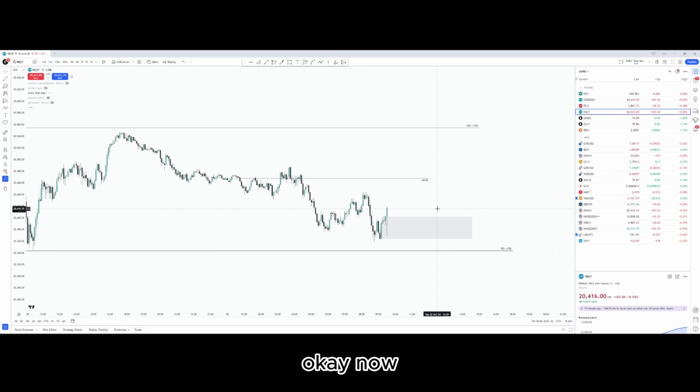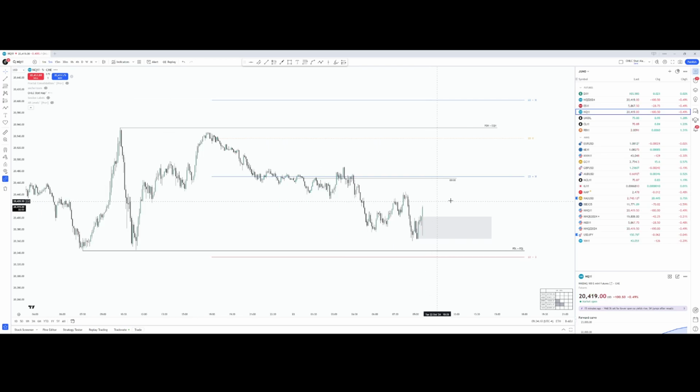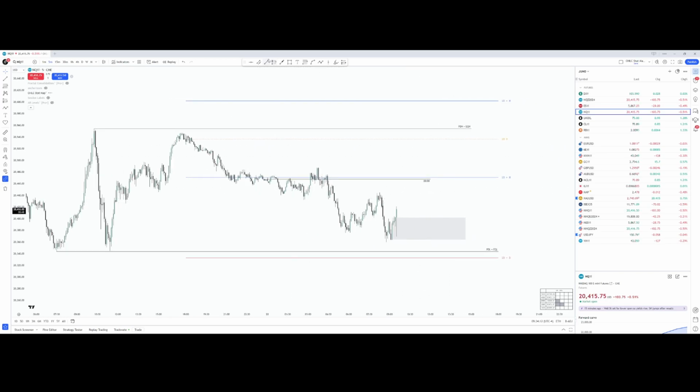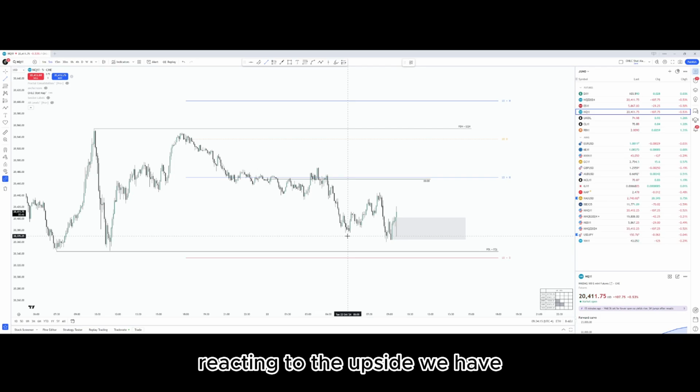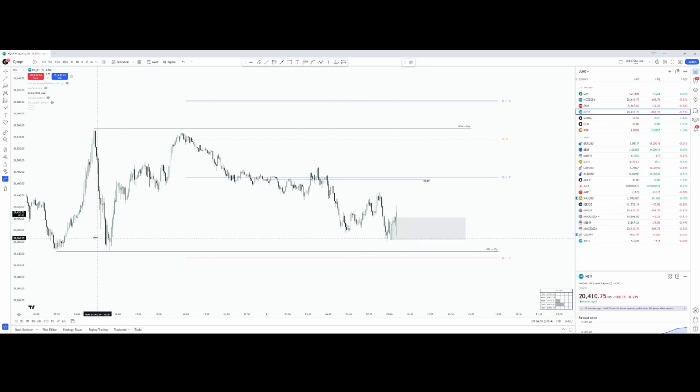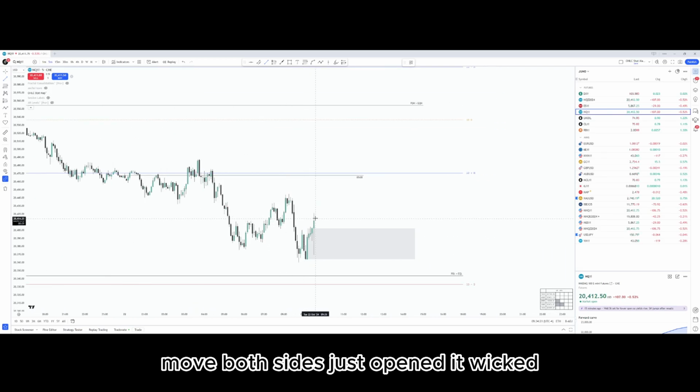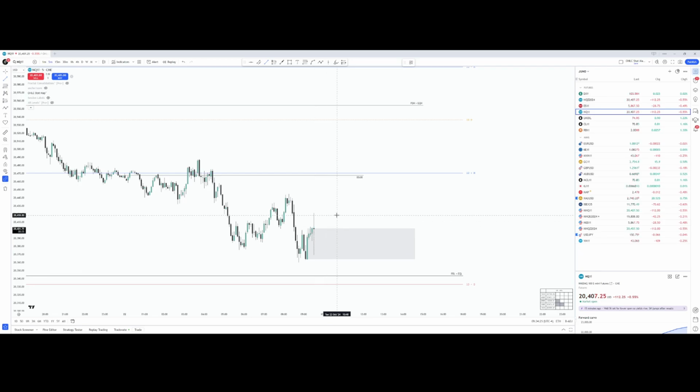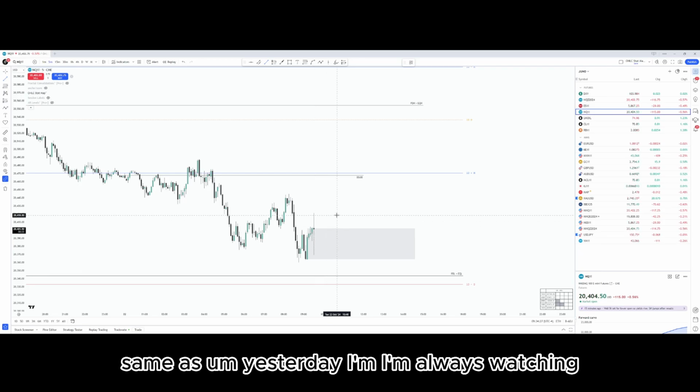Okay, now price seems to be reacting to the upside. We have a move to both sides, just open, big wick, same as yesterday.